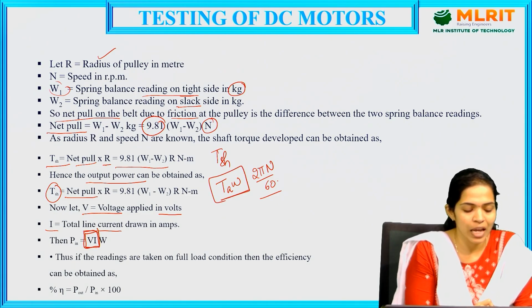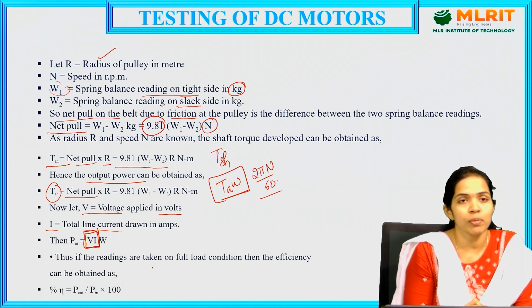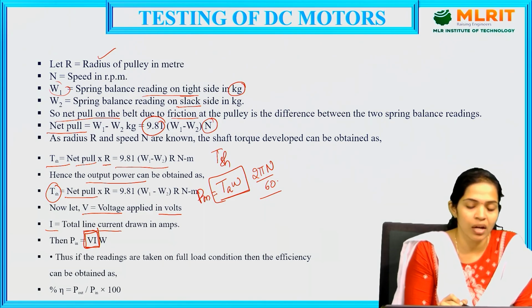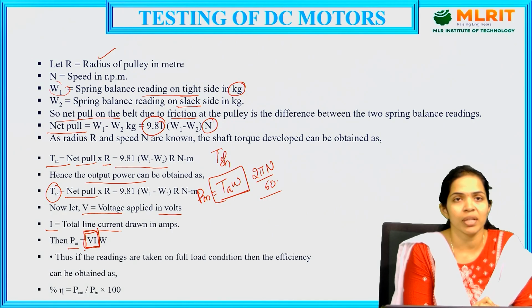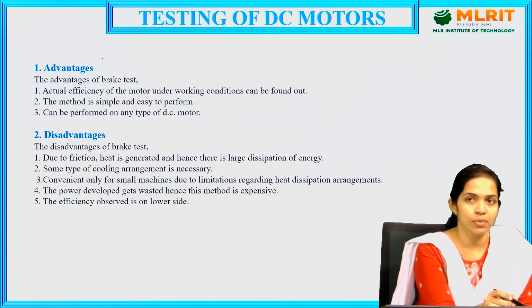From this we can calculate the efficiency of the motor for the brake test as the ratio of output power to input power. Output power is the mechanical power, torque multiplied by omega, the angular speed. Input power is the supply voltage multiplied by the line current drawn by the armature in the motor.